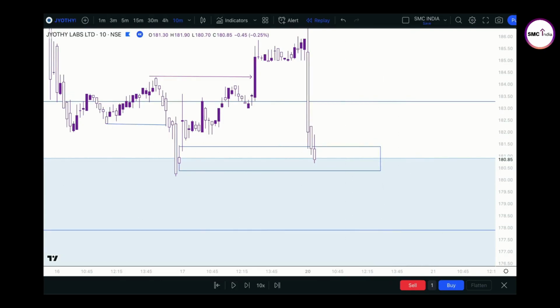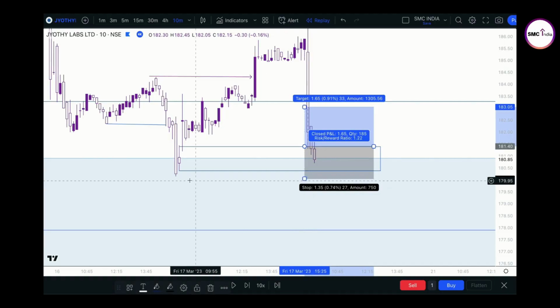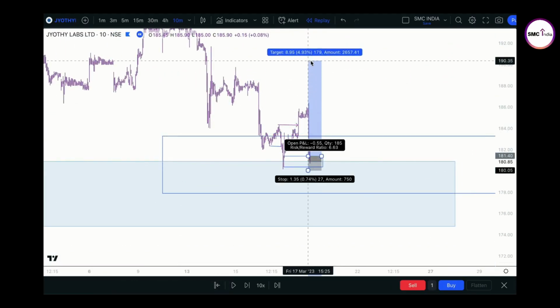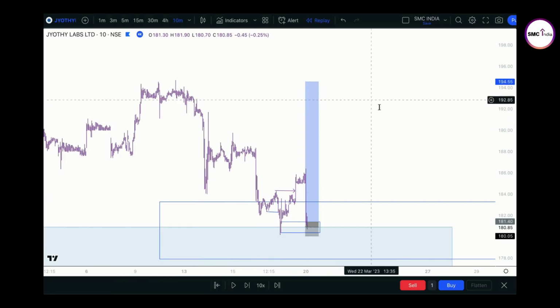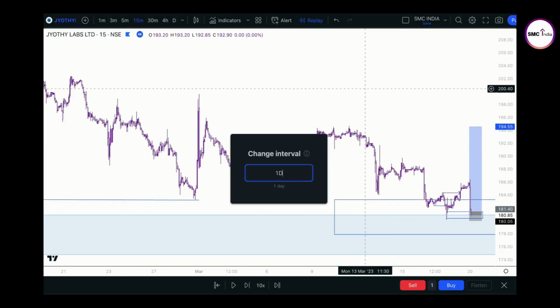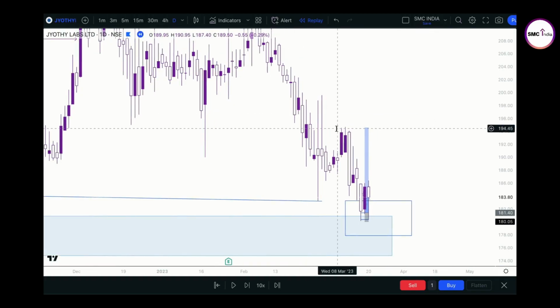So what I am doing is that I am going to take long position from this zone and putting my stop loss below this low here, because it might grab this low and then move up. And you can target this high. And now if I move to higher time frame, let's see what happens in higher time frame. I could see that there are wicks here.